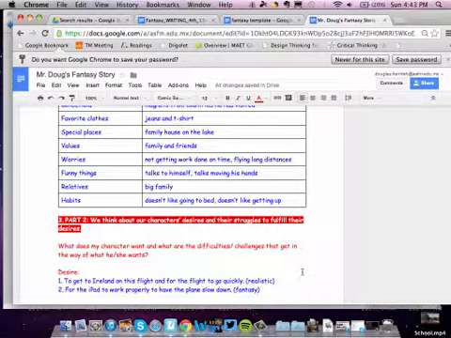The thing that my character wants, or the difficulty that he has, is that he wants to get to Ireland on this flight, and he wants the flight to go quickly. And that's a realistic item in this case. It's something that's real. We believe it, and so therefore it works for us. Now the fantasy part of this, though, is that he wants his iPad to work properly, so that he can have the plane slow down.